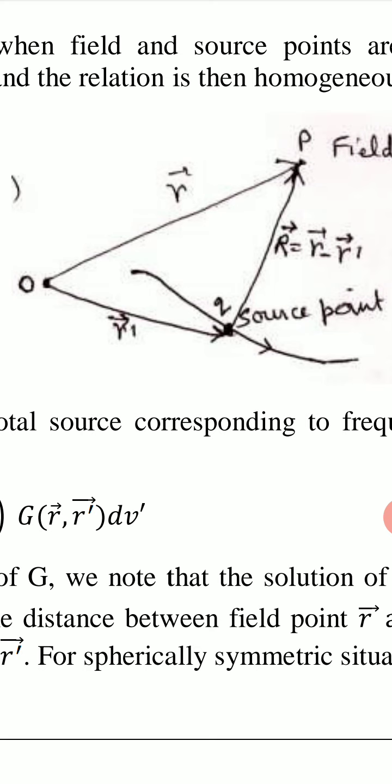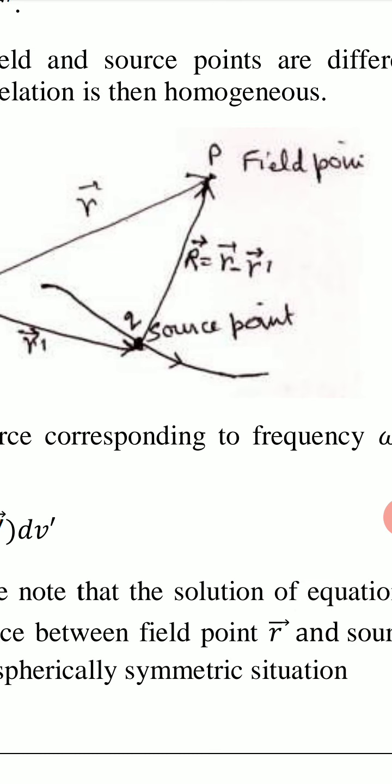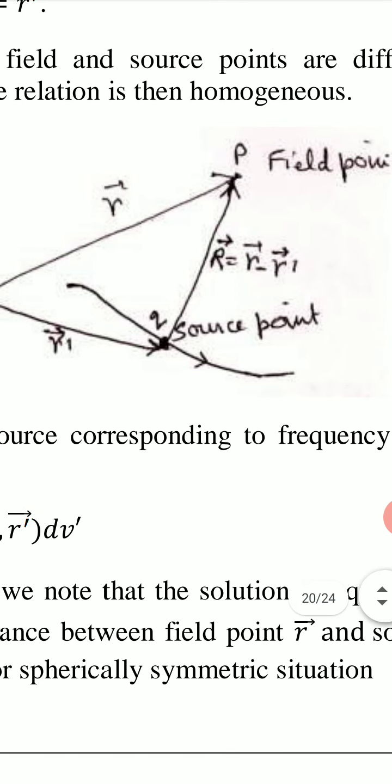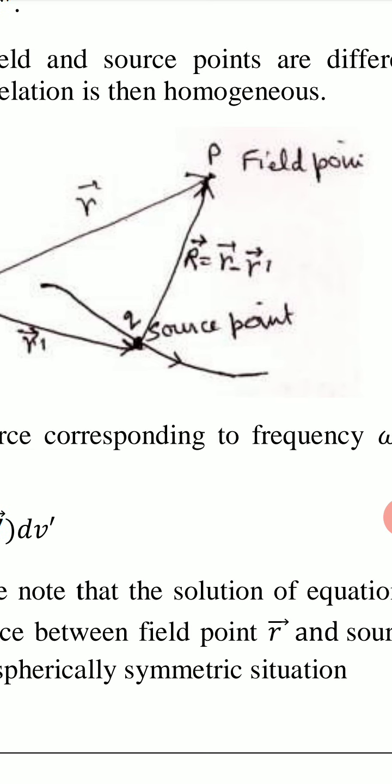Now at some point, the position of charge q is represented by r dash vector with respect to some origin O, and we want to find out the field produced at point P. Then point P is the field point where the field produced by this charge q is to be determined.